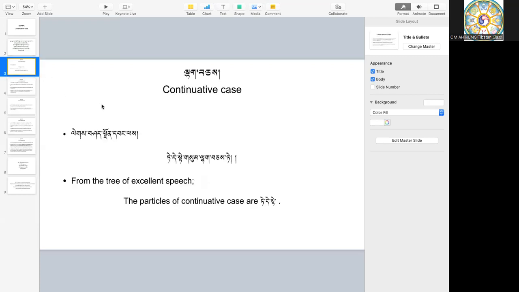Today's class will do an introduction in which we will introduce the particles of the continuative case, and then talk briefly about the different types of usage cases as a statement in which the continuative particles are used. First, let me recite the line which shows the particles of the continuative case.